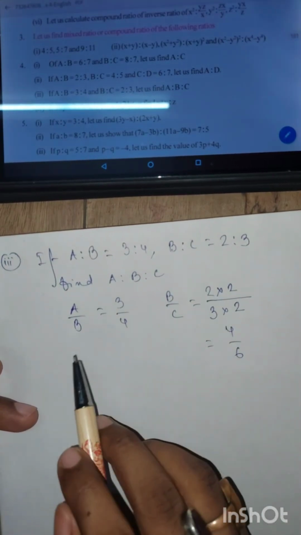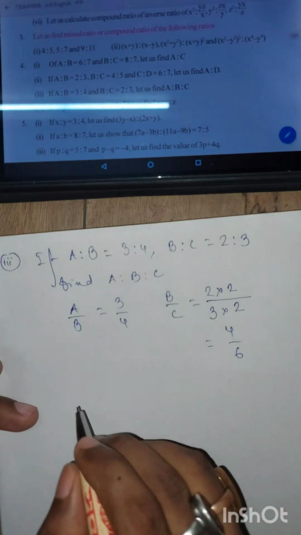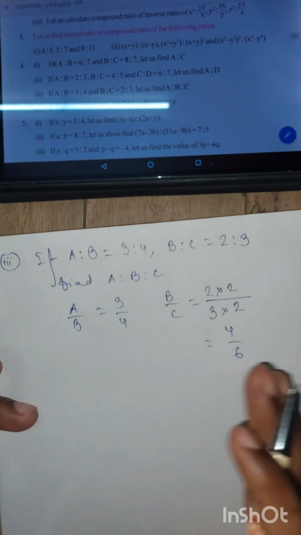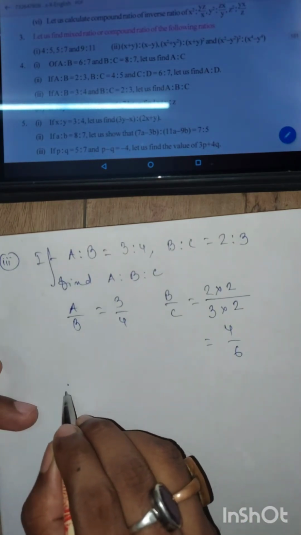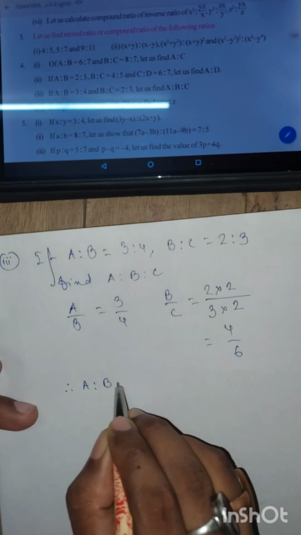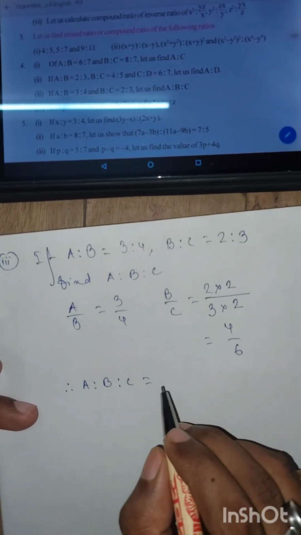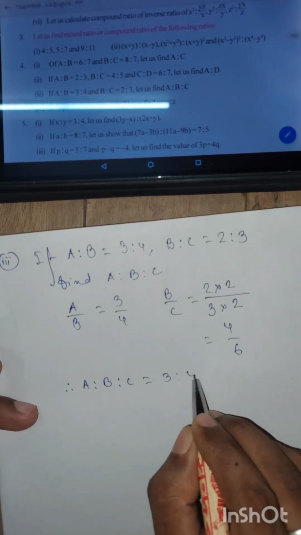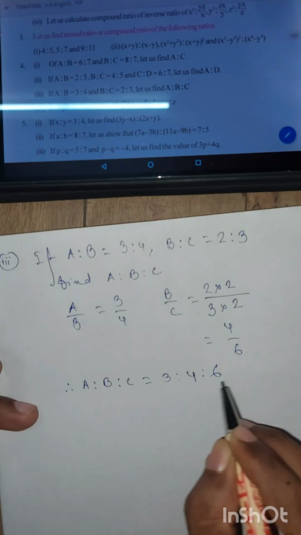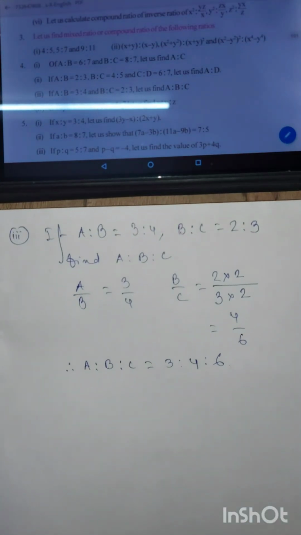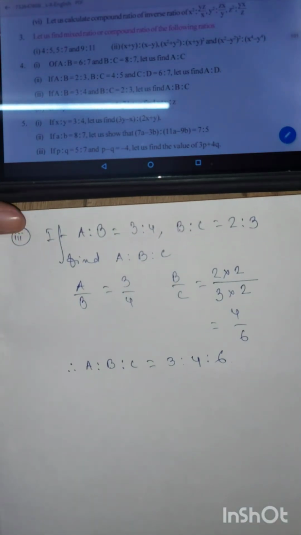Now we can see that the B part is equal. Now we can directly compare A, B and C. Therefore A is to B is to C should be 3 is to 4 is to 6. This is our answer.